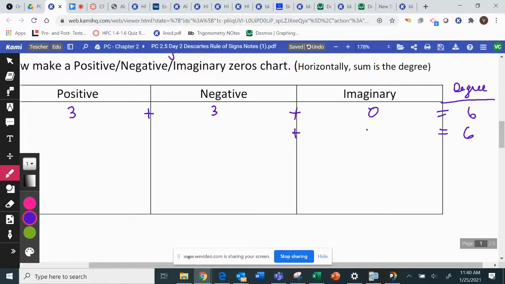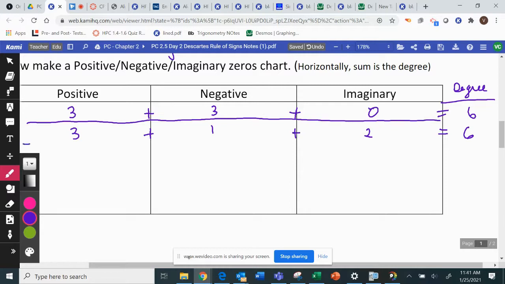Because they come in pairs. So I'm only allowed to add 2 or 4 or 6 or 8 or 10 or 12. So I'm going to add 2. If I have 2 imaginary, let's say I have 3 positive still, that leaves me with how many negatives? 1 to equal 6 total. We're always going to equal 6.